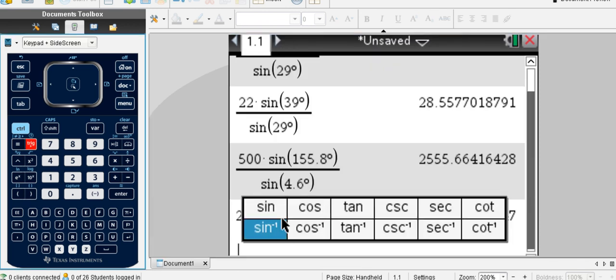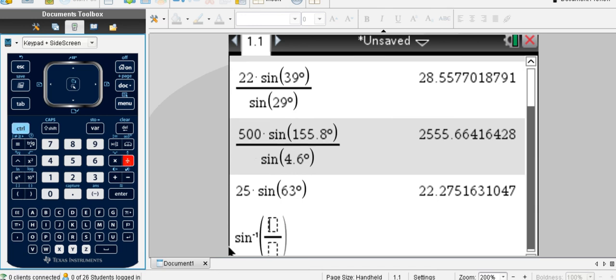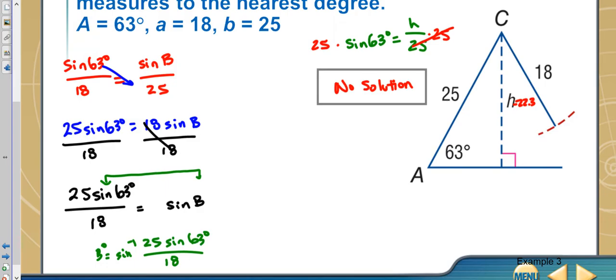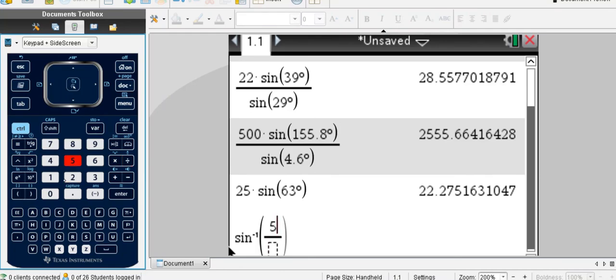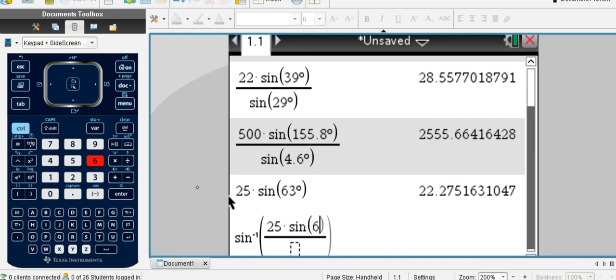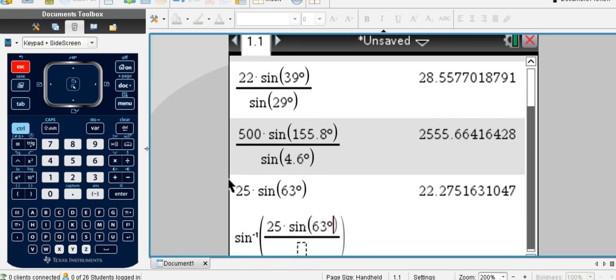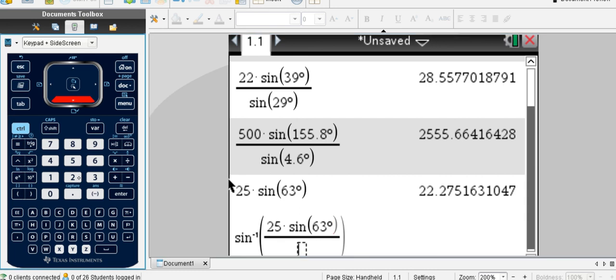I need to do the inverse sine. And I had a fraction. And up on the top of the fraction, I had 25 sine of 63. 25 times the sine of 63 degrees. And all of that was divided by 22, I believe.